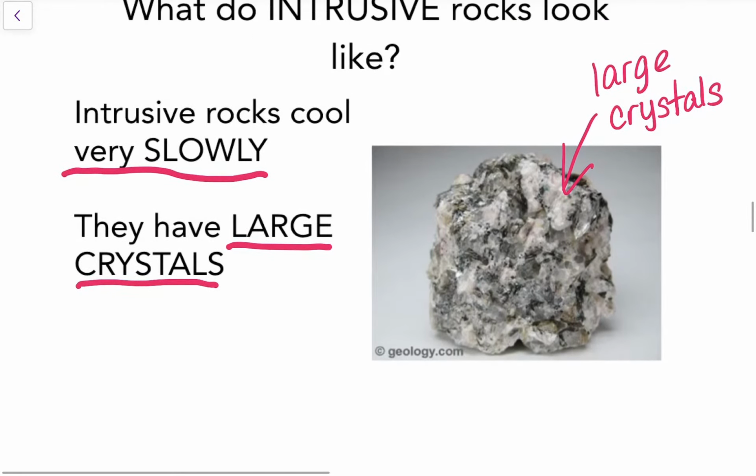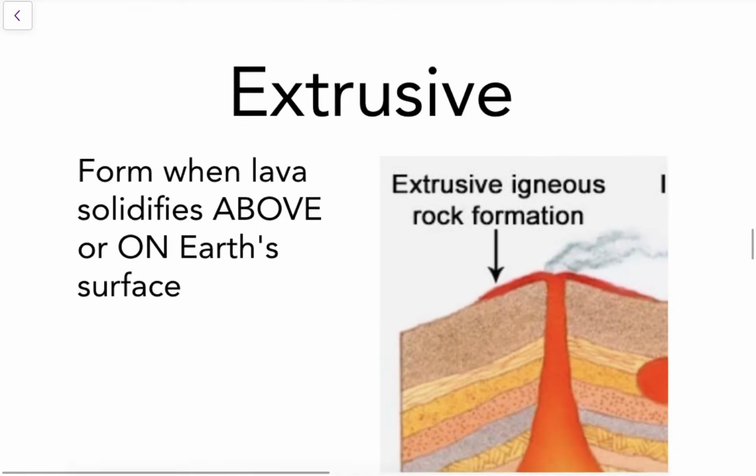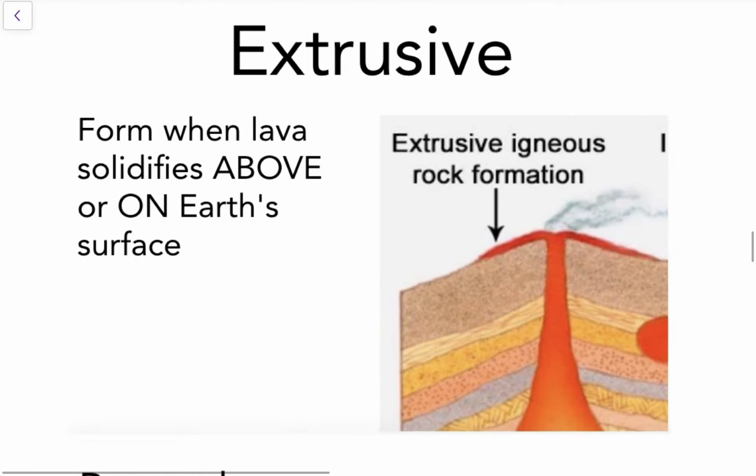We can compare intrusive igneous rocks with the second type of igneous rocks, extrusive igneous rocks. Extrusive igneous rocks form when lava solidifies above or on Earth's surface. Okay, this is when it's lava. The lava has erupted out of a volcano.